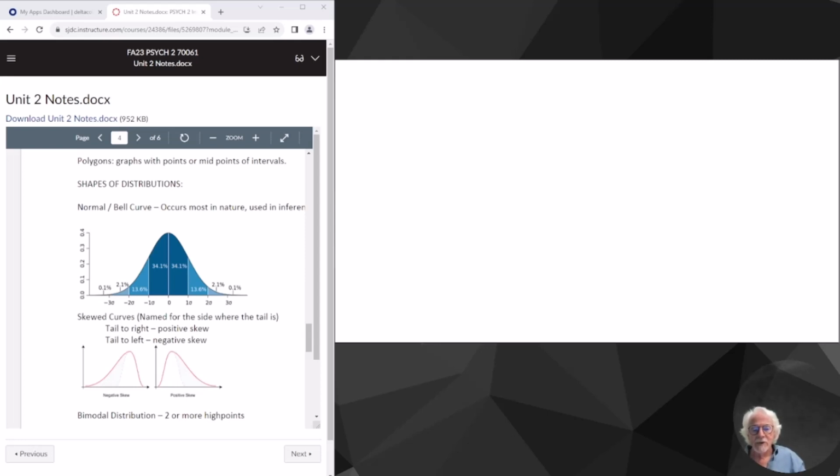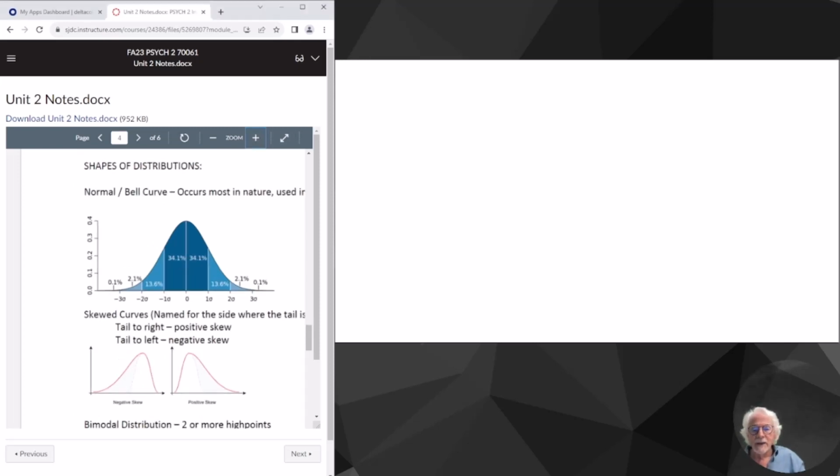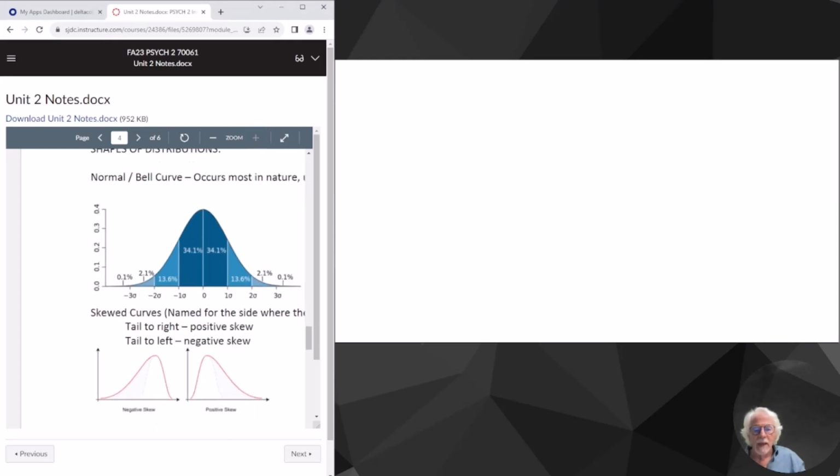The next thing you're going to see is what we call skewed tables. This is what we call a negative skew, right?